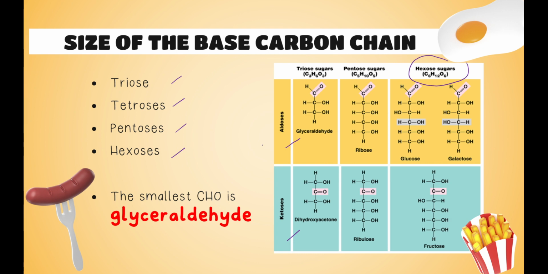How about tetroses? Since there is no example in our image, let me just write this one. Examples of your tetrose would be your erythrose, your threose, and your erythrulose.